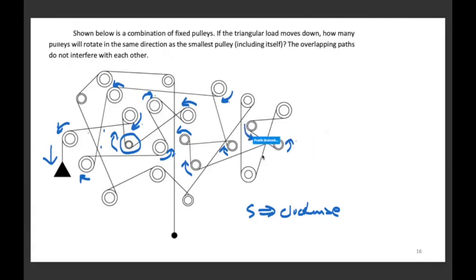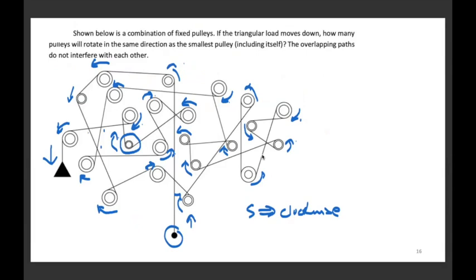This way, and this way, this way, this direction, this direction, this direction, which means that this box is going to move upward.